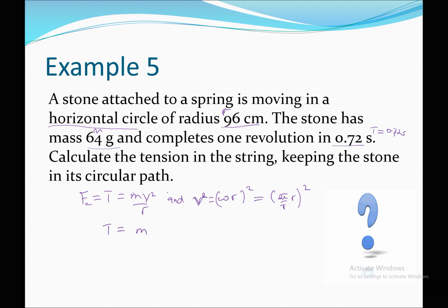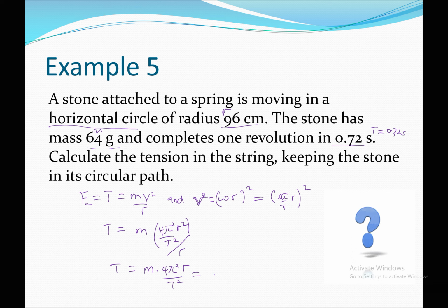Where there is v squared, I'm going to put there 4 pi squared r squared divided by T squared. Then I again divide this by r. This is v squared, so one r cancels. So the tension is going to be the mass times 4 pi squared r divided by T squared.